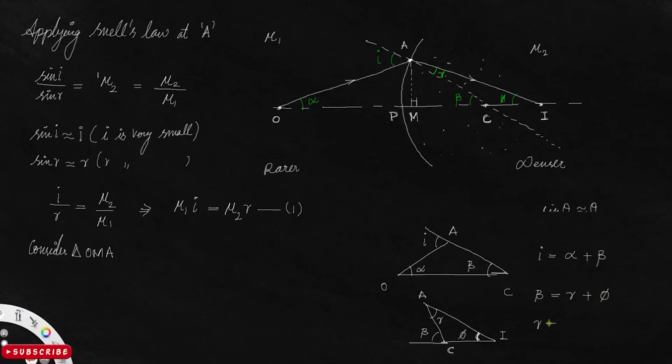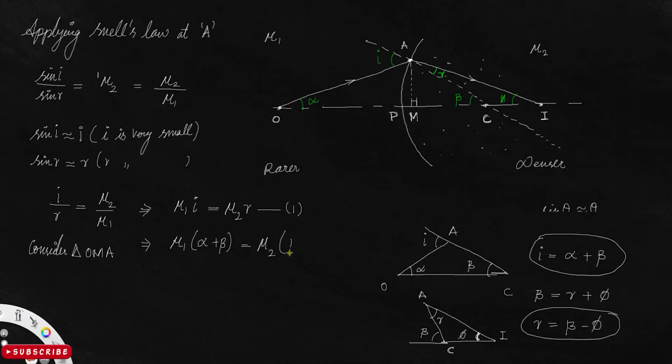We need I and R. So I is this one, and R will be beta minus phi. So equation 1 will become mu1 into alpha plus beta equals mu2 into beta minus phi. Let's call this equation number 2.